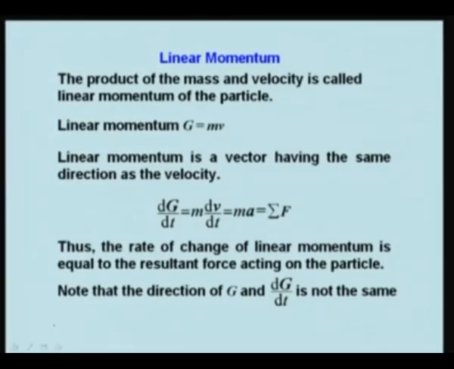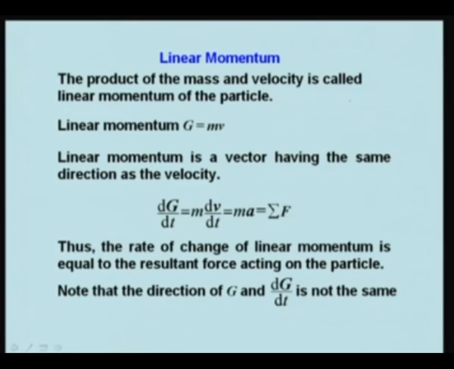Now, if we just take mass into velocity, that means we define a function of mass and velocity in which that function g is mv. The product of the mass and velocity is called the linear momentum of the particle. Linear momentum g is equal to mv.